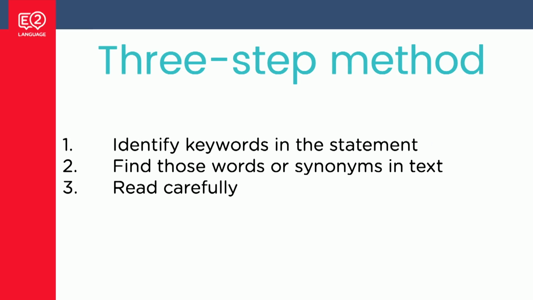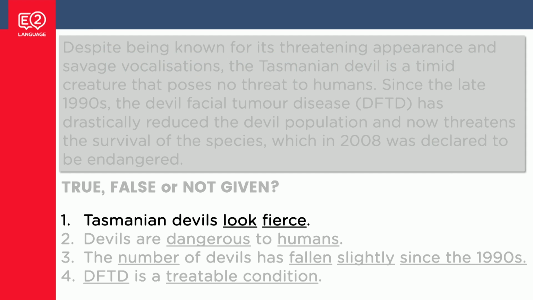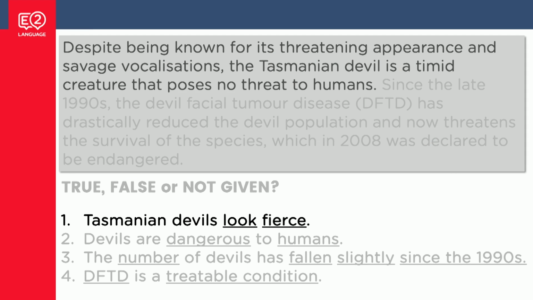So keep the 3-step method in your mind. We've already done step 1, identify keywords in the statement. And now we need to find those words or their synonyms, words with a similar meaning, in the text. And then we're going to read carefully before we choose our answer. So question number 1, Tasmanian devils look fierce. Scan for similar words.